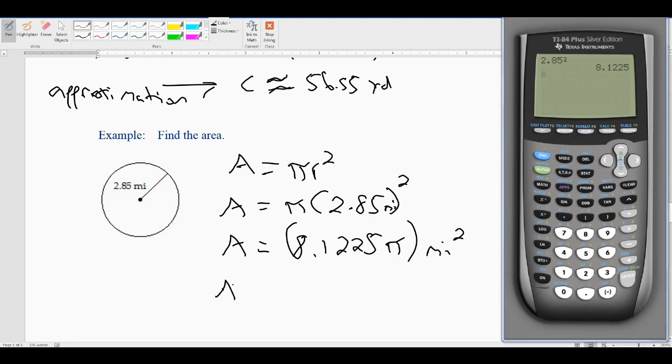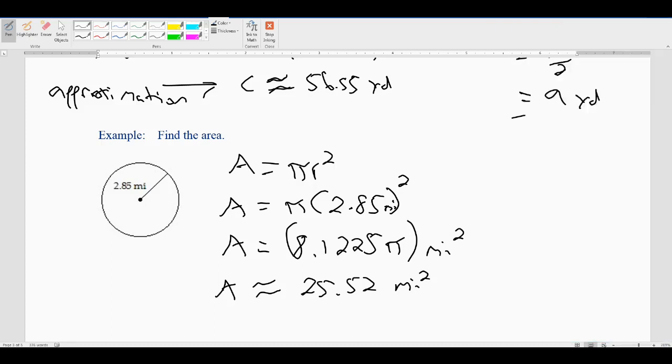Now, if I want an approximate answer, I will take the 8.1225 and times that by my pi. Now that ANS is 8.1225 for using this graphing calculator. And we get 25.52 square miles.